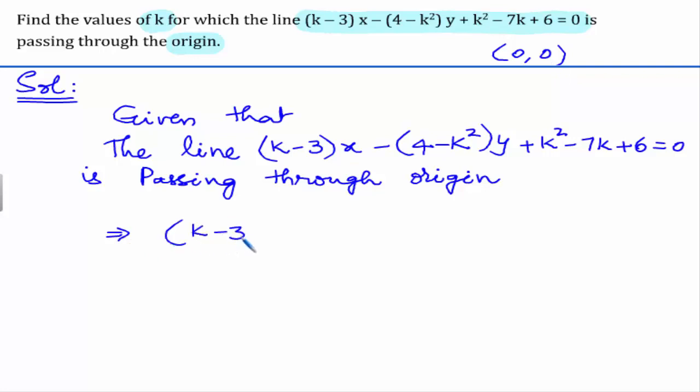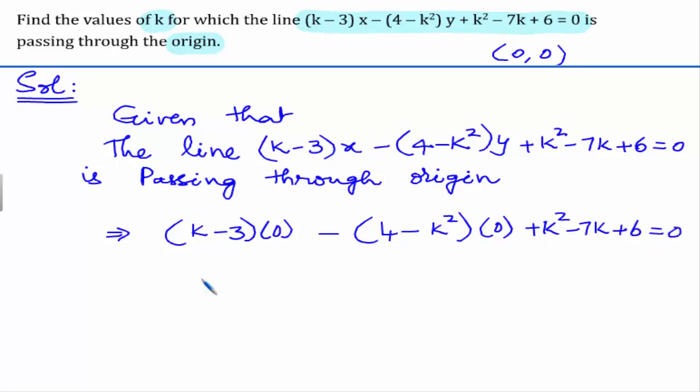(k minus 3) into 0 minus (4 minus k square) into 0 plus k square minus 7k plus 6 is equal to 0. This will give us k square minus 7k plus 6 is equal to 0.